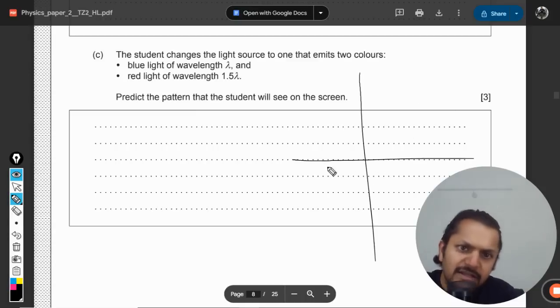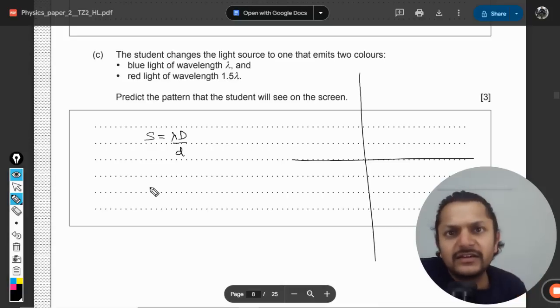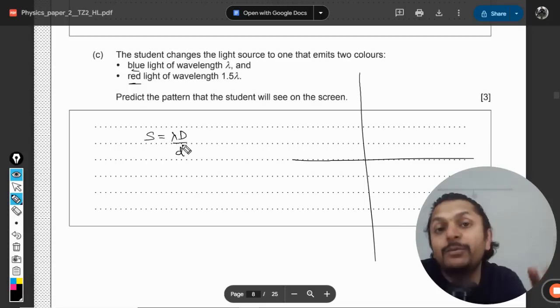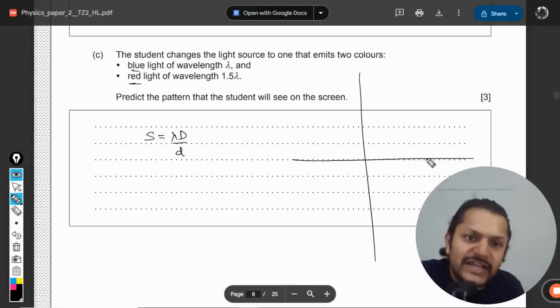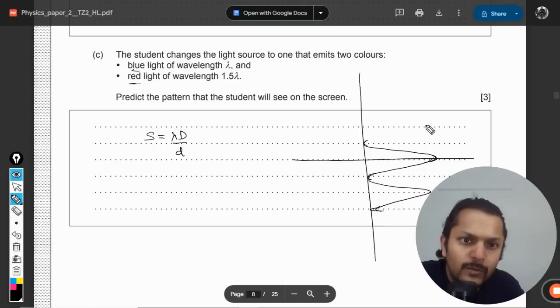like this. Now, fringe spacing is directly proportional to the wavelength. It means in the case of blue, there will be some fringe spacing. In the case of red, the fringe spacing is going to be 1.5 times the earlier one. It means that the central fringe will be there for red as well as for blue.